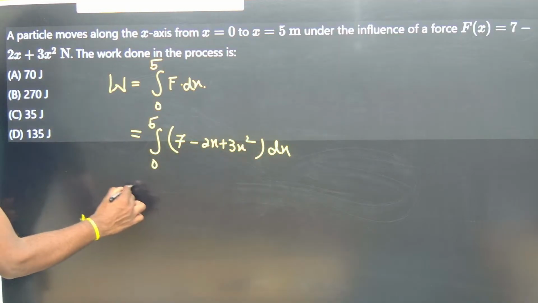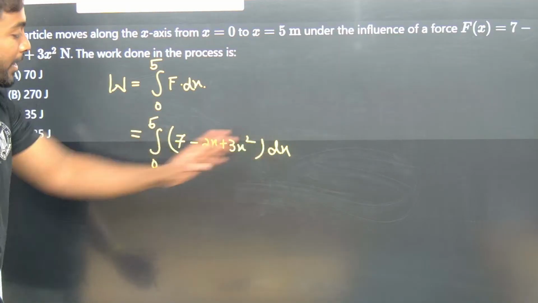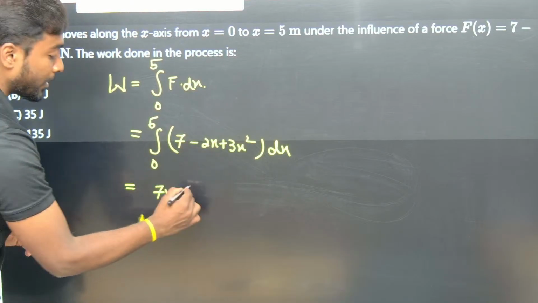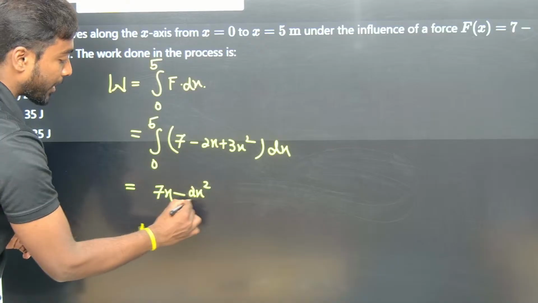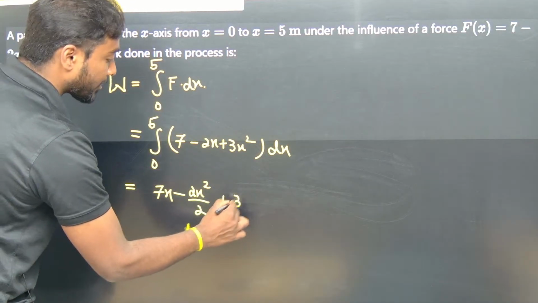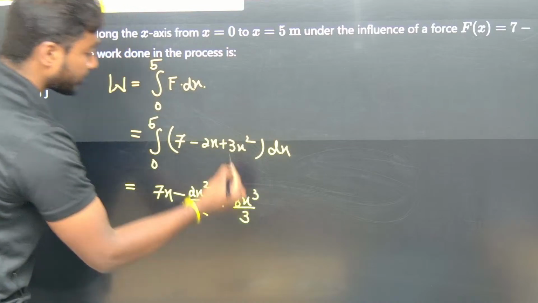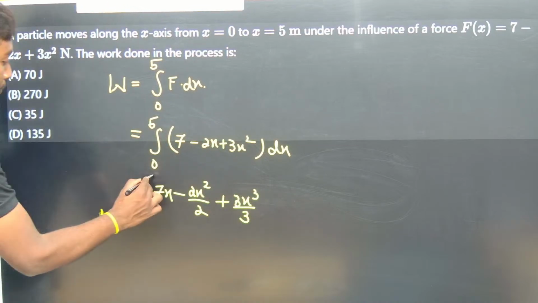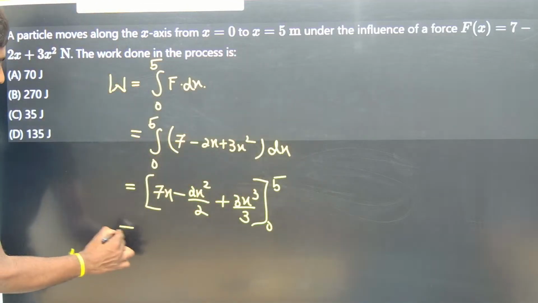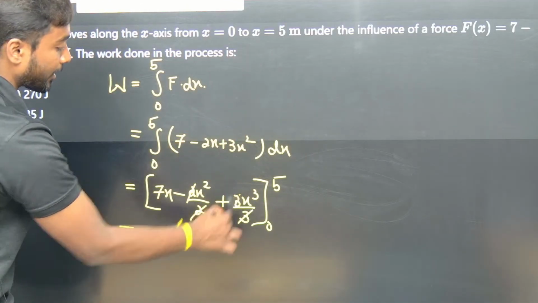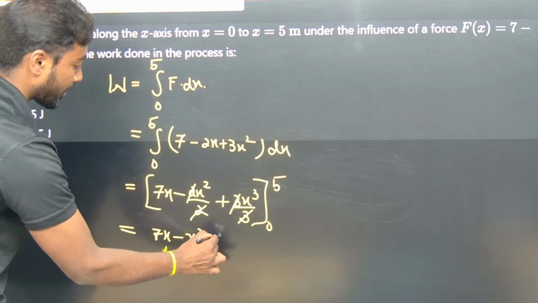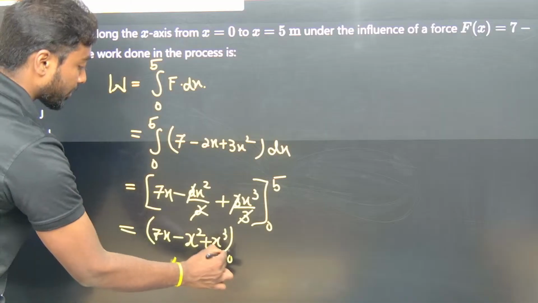If I integrate 7, I will get 7x; minus 2x will be 2x square by 2; plus 3x cube by 3, from 0 to 5. Here 2 and 2 will get cancelled, 3 and 3 will get cancelled. 7x minus x square plus x cube, from 0 to 5.